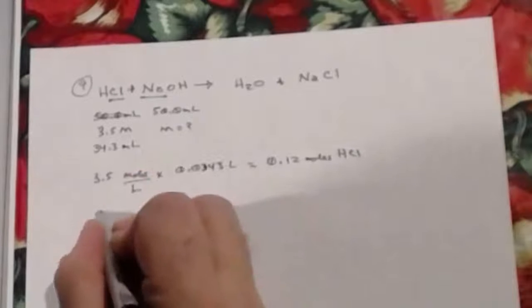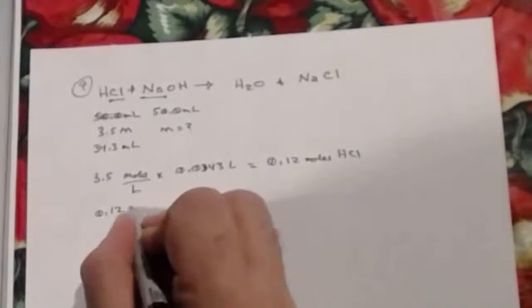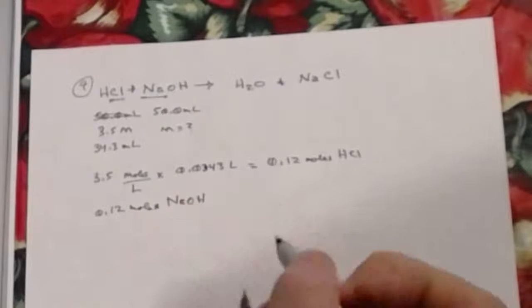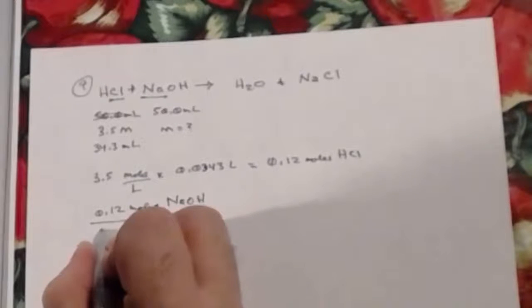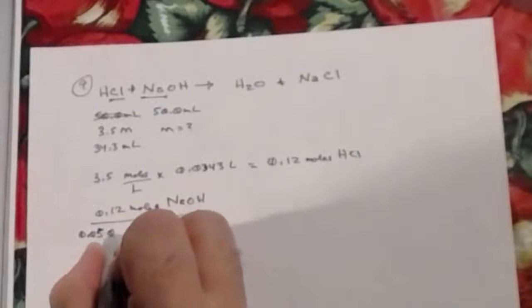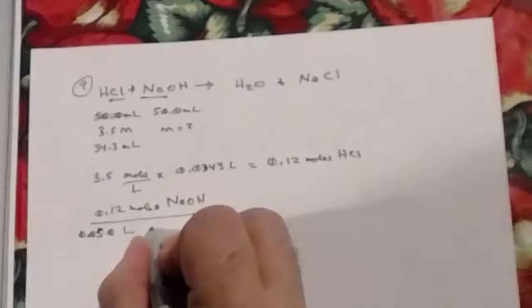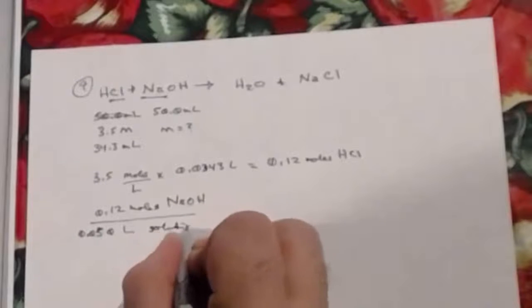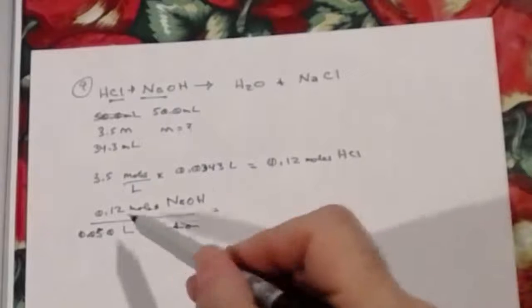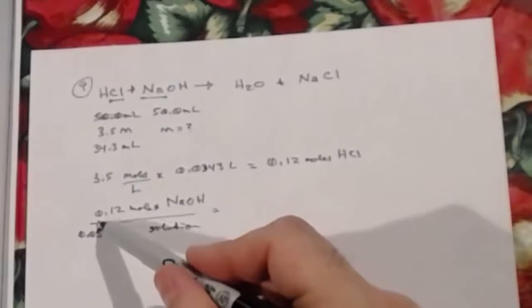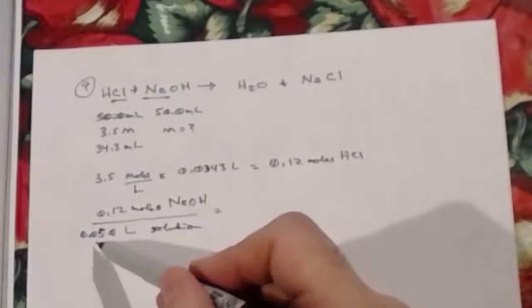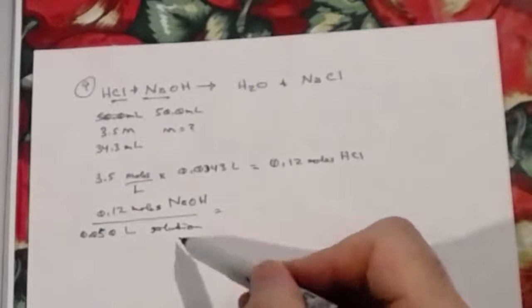Well, I have 0.12 moles of my base when I've added 0.050 liters of my solution. So remember, concentration is moles per liter, or in this case, I was able to determine I used up 0.12 moles of my base when I added 0.050 liters of my solution.